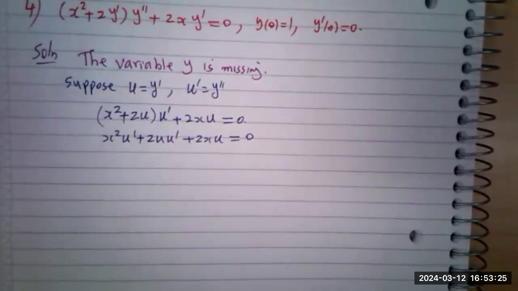Any suggestion? How to solve this one? Reduction of powers. Cauchy-Euler stuff. Exactly what we have to do.